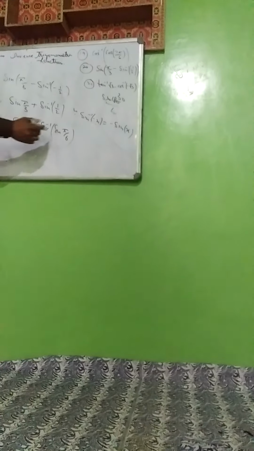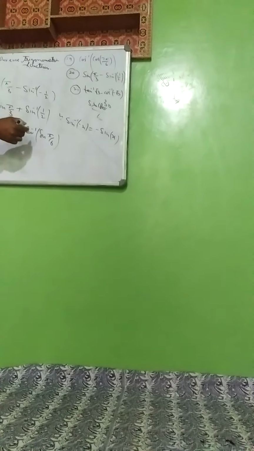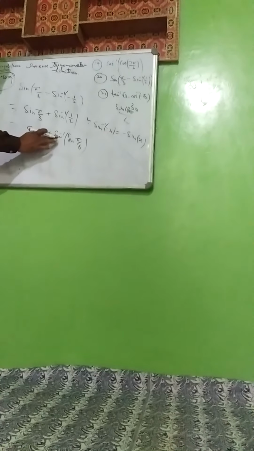So you will get this as sine of pi by 3 plus sine inverse of 1 by 2. Sine of 1 by 2 is 30 degrees, that is sine of pi by 6, so sine inverse sine of pi by 6 is pi by 6.